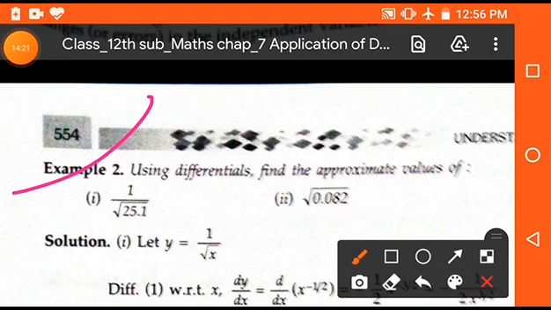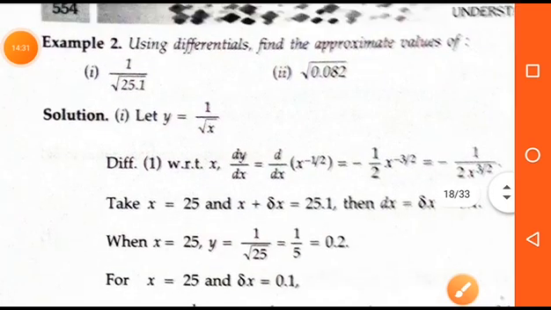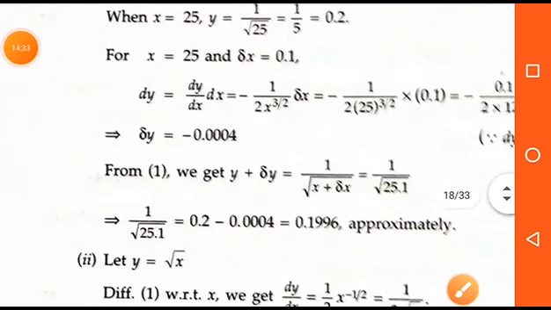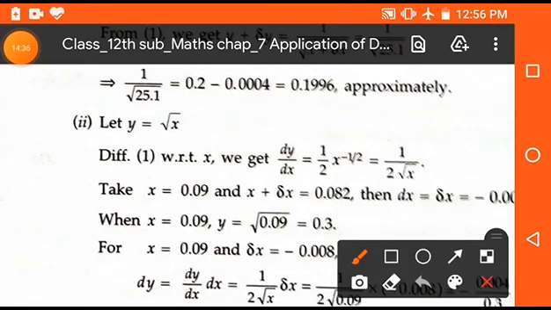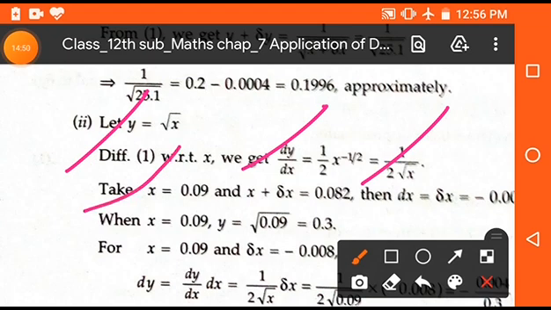Using differentials, find the approximate value of under root 0.082. Clear students? So first of all you will have to take y is equal to under root x. Now differentiate it with respect to x. We will get dy upon dx is equal to 1 upon 2 x to the power minus 1 upon 2. That means 1 upon 2 under root x. Now put x is equal to 0.09, because x plus del x is equal to 0.082 is given, so you will have to convert x like this.